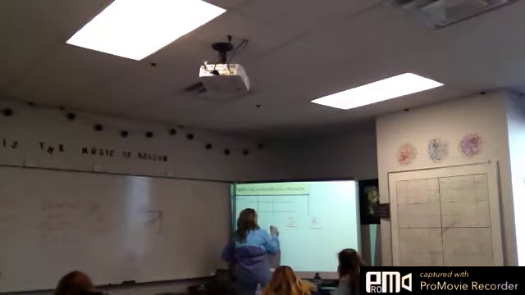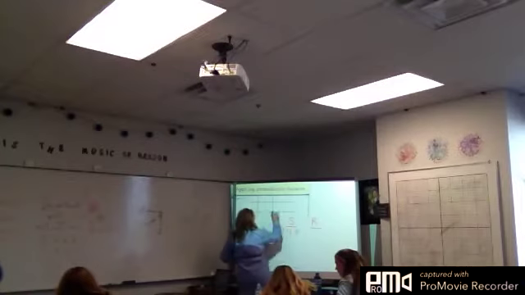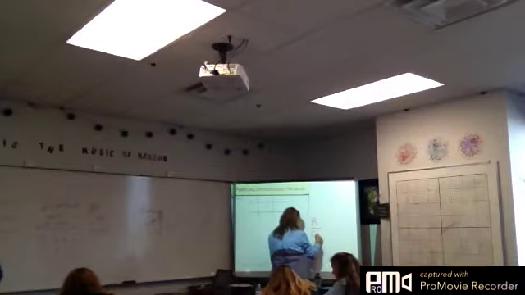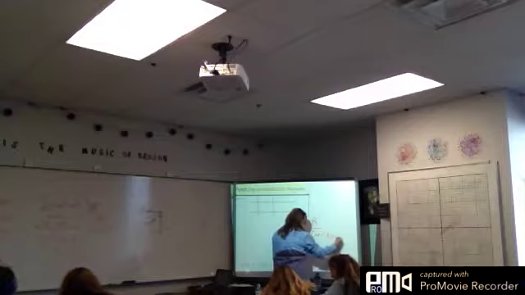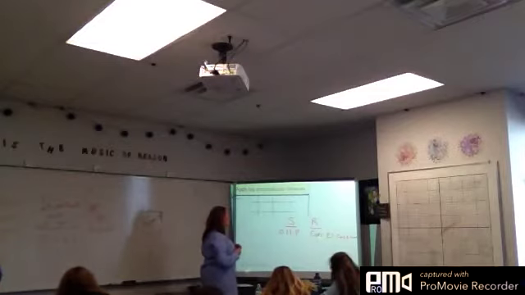Okay, so I can say that O is parallel to P because of the corresponding angles converse. I can prove that those are parallel because they are corresponding angles converse.